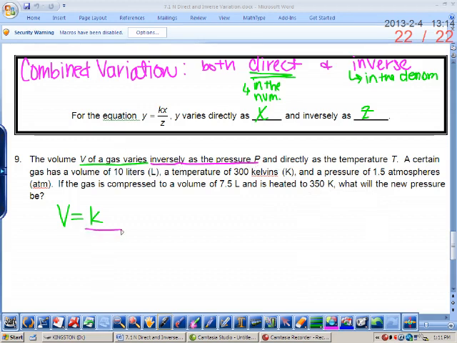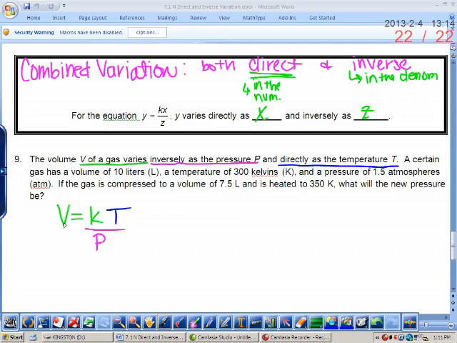Under the K. And then it says directly as the temperature T. So where am I going to put T? In the numerator. That's all you have to do to write these equations. Don't make it harder than it is. It's supposed to be simple.